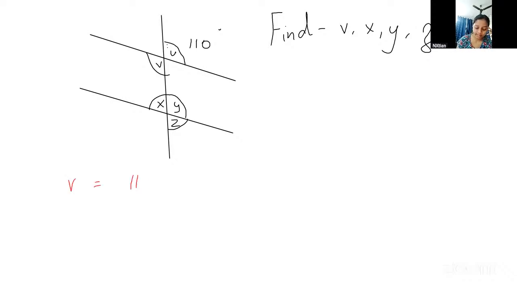V is 110. Okay, X is 70. Then you said Y is 110, and Z is 70.